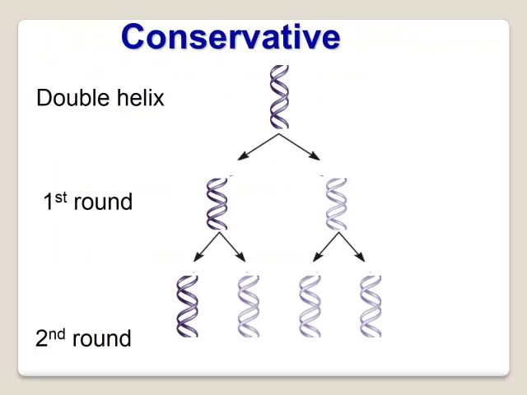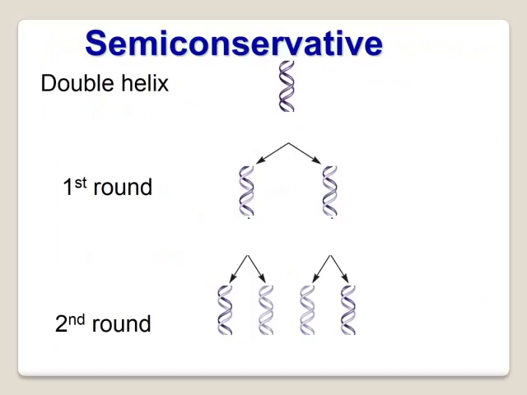And if it were conservative, you will have 2 bands. One band will be N15, N15. The other band will be N14, N14. That's if it's conservative. If it were semi-conservative, take a look at it. This is the parental DNA leading to the formation of 2 daughter DNAs, right?